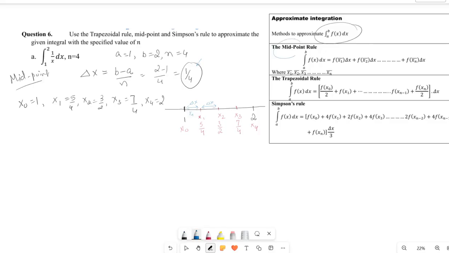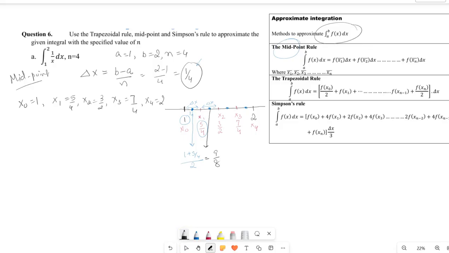Then, for the midpoint rule, you need to find the midpoint of each of these intervals, okay? So how do you find the midpoint? That's going to be the sum of these two divided by 2. You can use your calculator to find that, and that will come out to be 9 by 8.